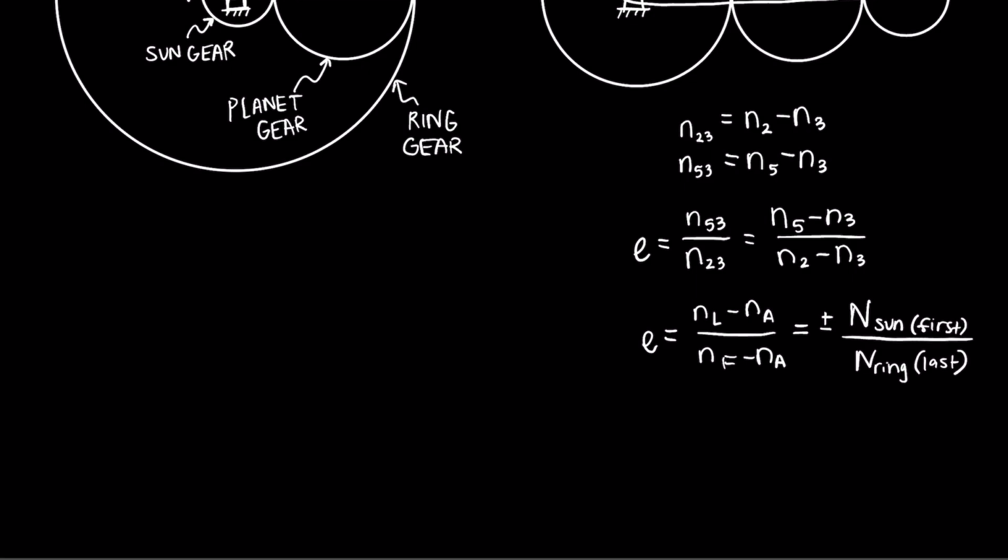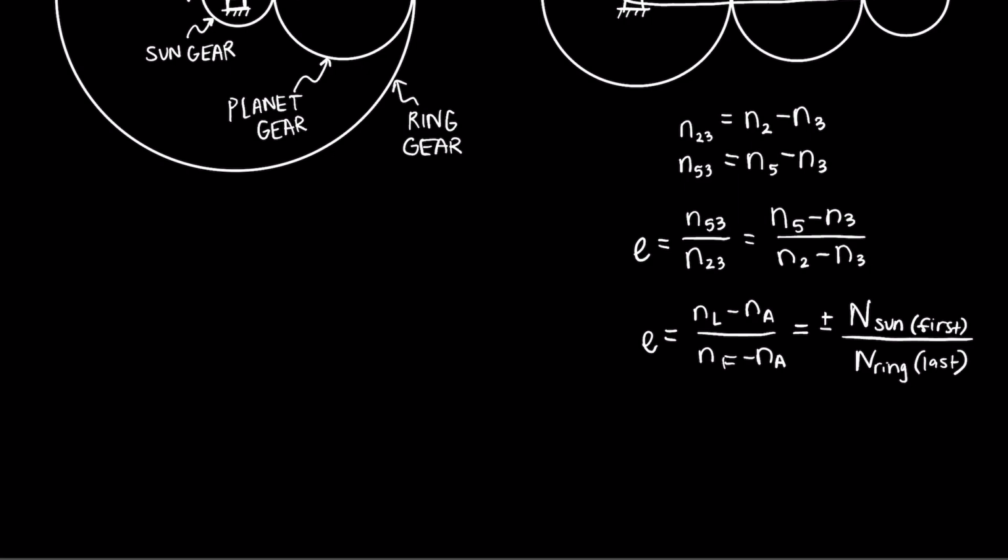Okay, and that's also related to the number of teeth on the first and last gears. In this case, letting the first gear be the sun and the last gear be the ring. And you'll notice that we have this plus minus sign. So again, we have to figure out the direction of the input and output gears to figure out whether we have a positive or negative train value, as we did with standard gear sets in the previous video.